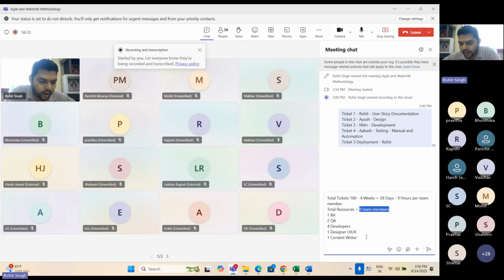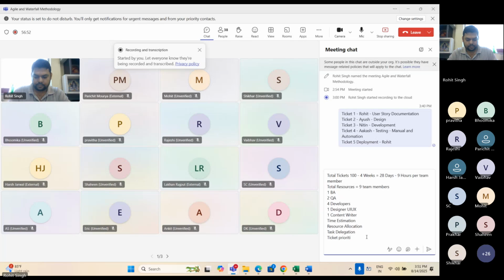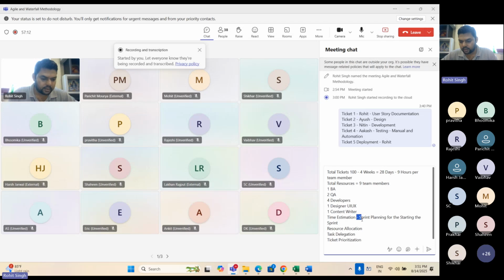So now I have to do the time estimation, resource allocation, task delegation, and ticket prioritization. These are the activities that I'm going to do in order to perform the sprint planning for starting the sprint.